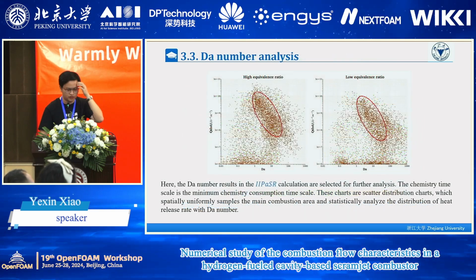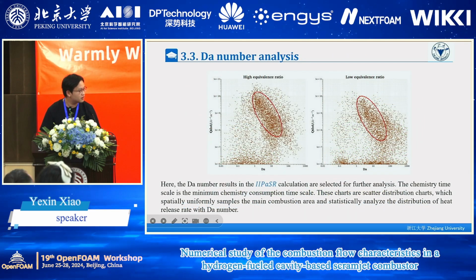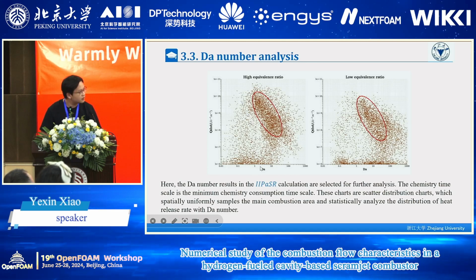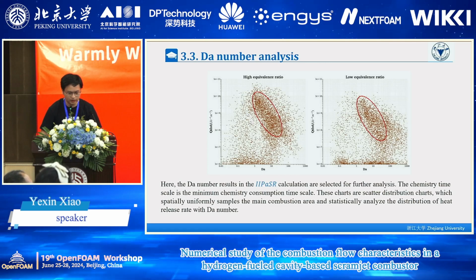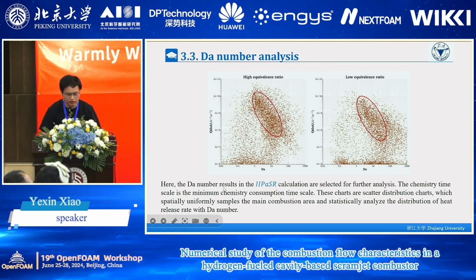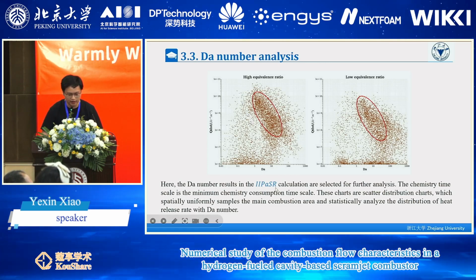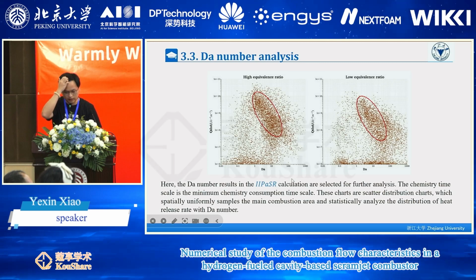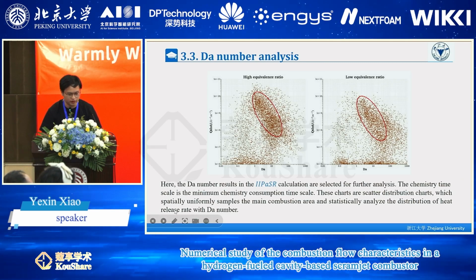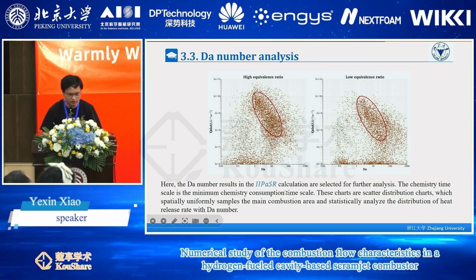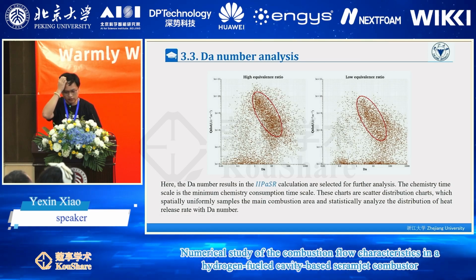And here is the Da number analysis. It is a Da-Q dot diagram, and this is calculated in the IIPSR calculation, and the chemistry timescale here is the minimum chemistry consumption timescale.